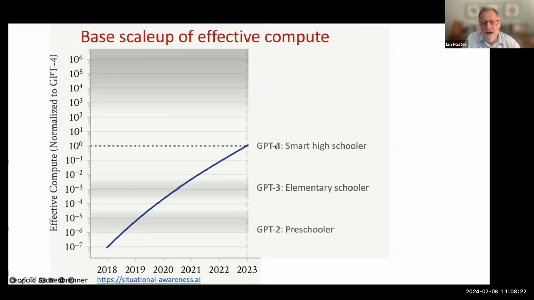Now, people will argue whether GPT-4 is really as smart as a high schooler? What does that even mean? But, by some measures, it's able to do as well as a smart high schooler in terms of evaluation tests. I wouldn't take that too seriously, but anyway, there's the 7 orders of magnitude.